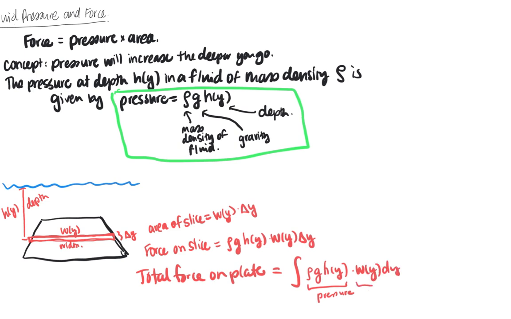And again, this is the area of my little slice, and I'm going to be adding up all those slices from my minimum depth, which I'm going to call A, to my maximum depth, which I'm going to call B. Okay, and so that's going to be the way I would set up that kind of an integral.